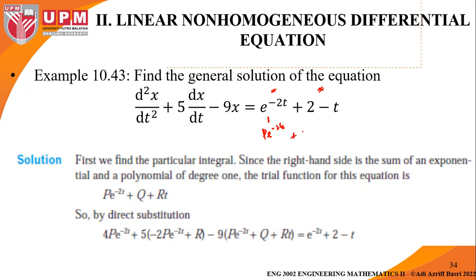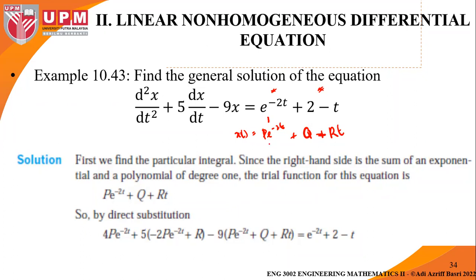What is the second one? We call it q, a normal constant. The third one is rt, for example. So you have these three main terms: the first becomes the exponent, the second becomes a constant, the third is rt.